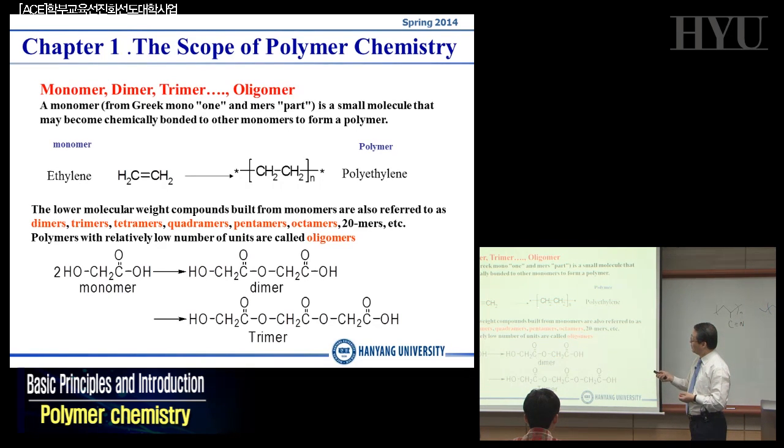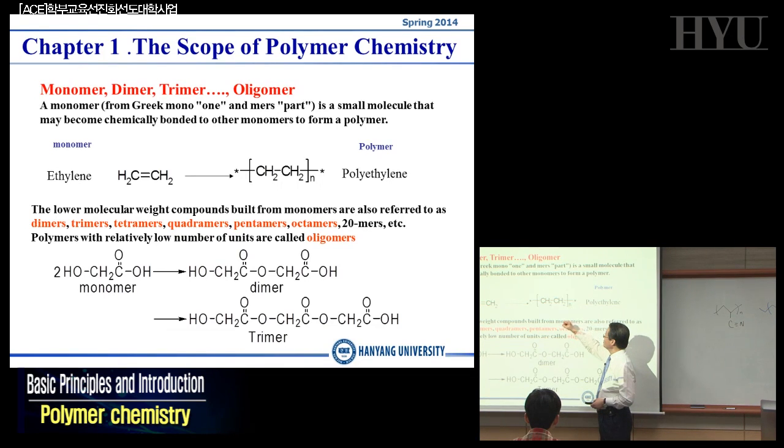Now we have repeating units, so the double bond is opened to become a radical, and this radical or electrons will meet each other, connecting to the second monomer units. That's why we have a slash over here. We have a bracket, and n means this CH2 unit is repeating n times.